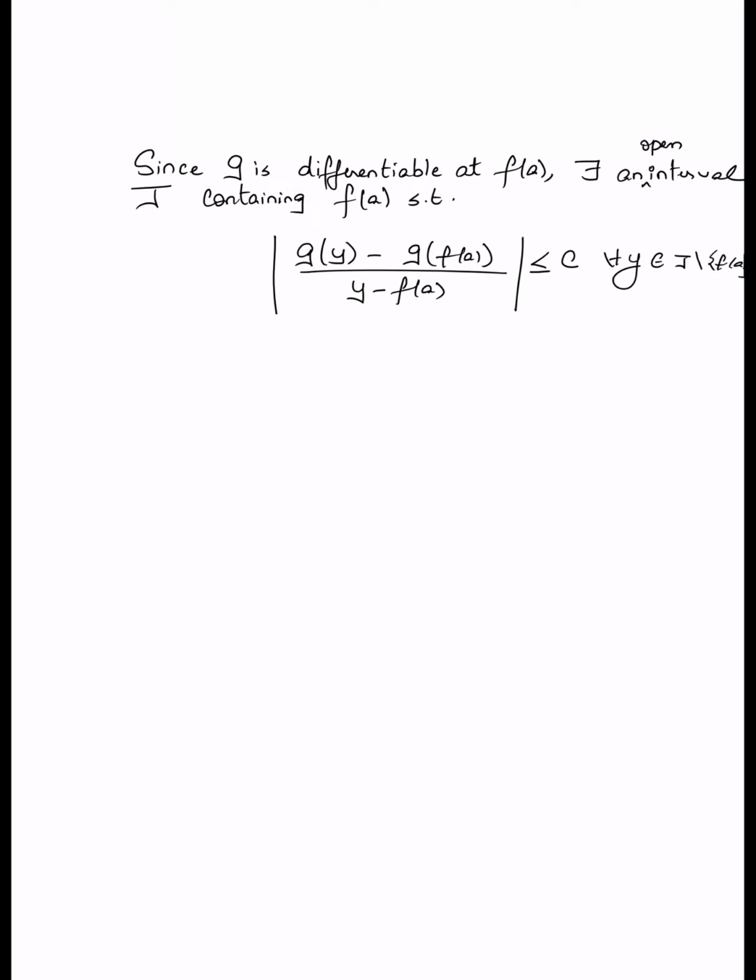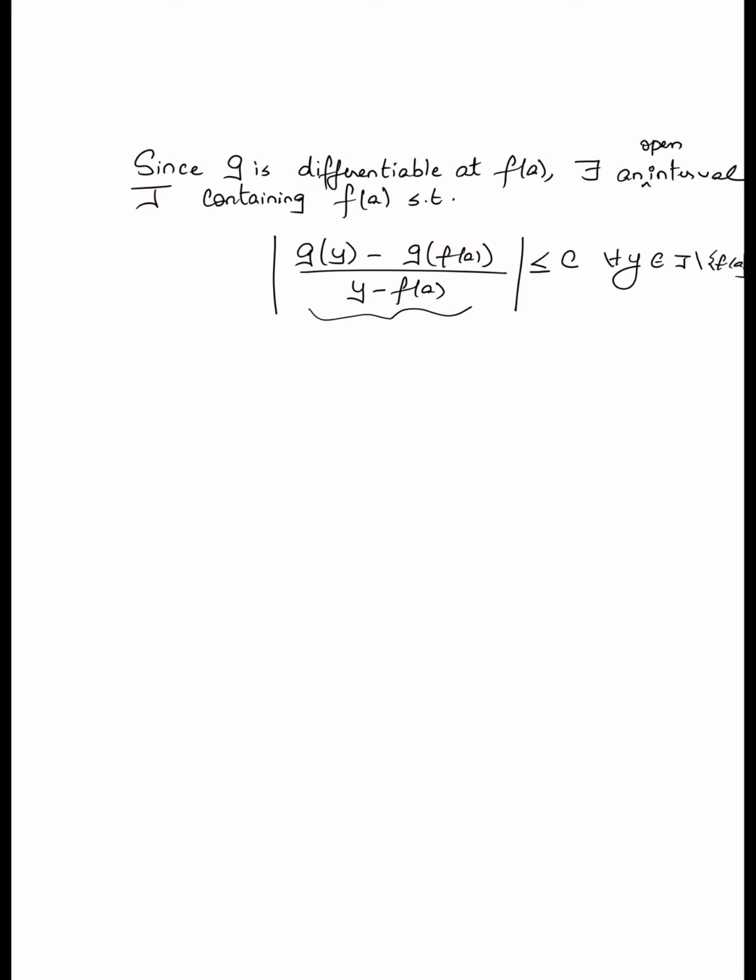Why is this? Because if I look at the object inside the mod, as y tends to f(a), this must tend to the derivative of g at f(a). This follows from the differentiability of g at f(a). So the fact that you have that limit as y tends to f(a) implies that there must exist an open neighborhood around this point f(a) such that the absolute value is upper bounded by some positive constant C. Right?